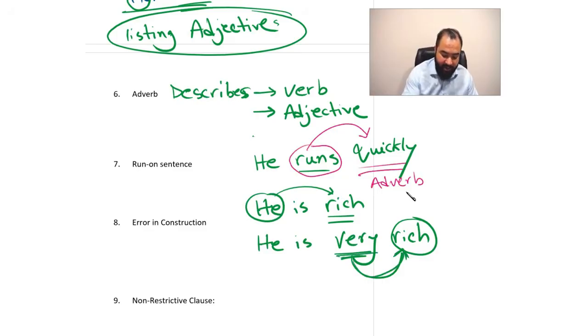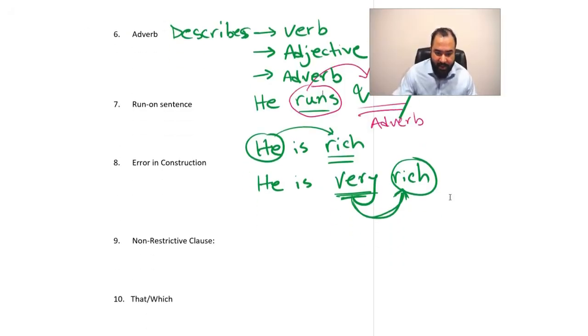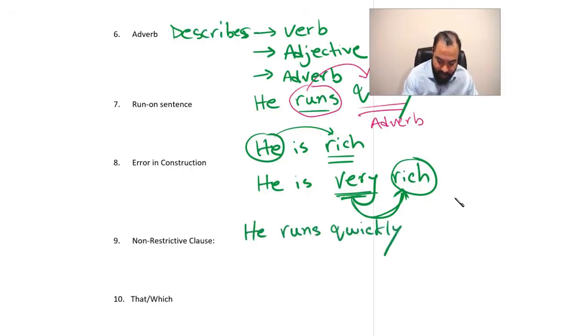That's the second part. An adverb can also describe another adverb. That's the amazing part. You'll be like, oh, an adverb can describe a verb, an adjective, and another adverb. Let's see how. We use the sentence, he runs quickly. Here runs is the verb and quickly is the adverb, describing the verb.